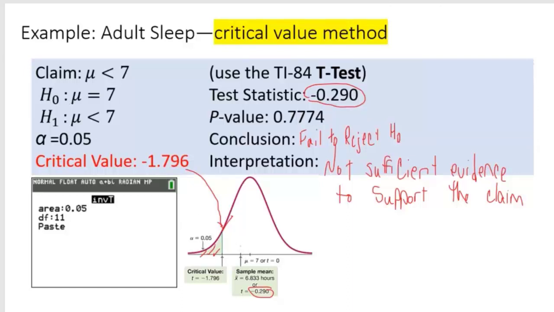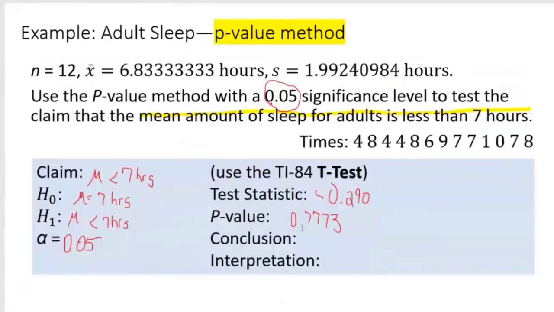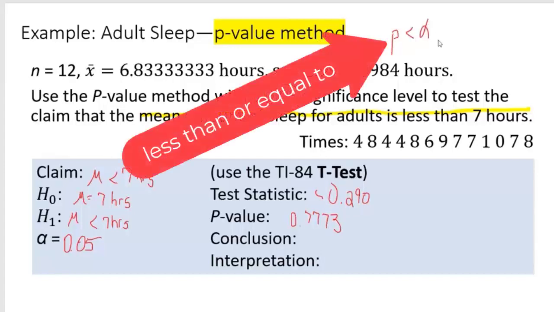Okay, let's look at the same example. Let's just talk about the p-value method. The way you decide if you should reject with the p-value method is, and this is why I like this one better, because you don't have to do that inverse t, if you get a p-value that is less than alpha, then you reject the null.